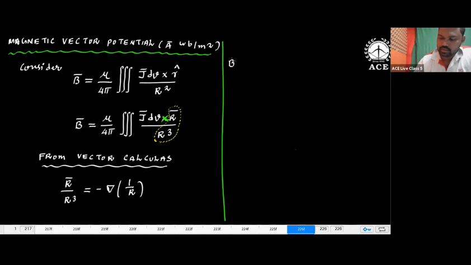B is equal to mu by 4 pi, volume integral of J dV, cross product with minus gradient of 1 by r.